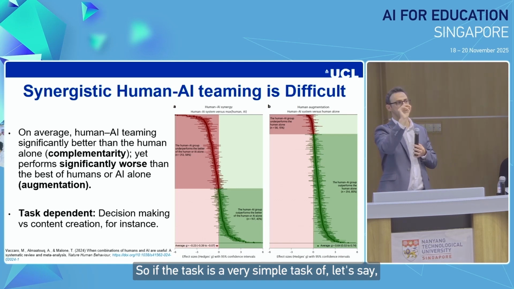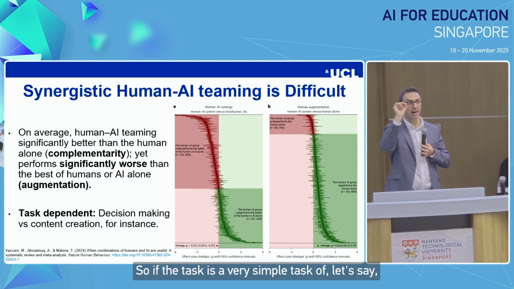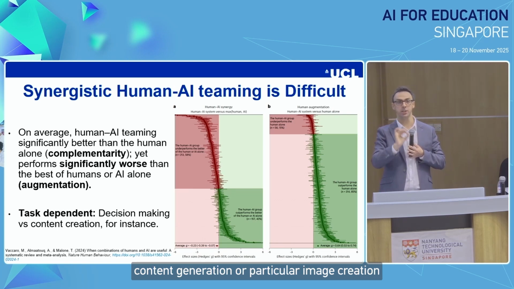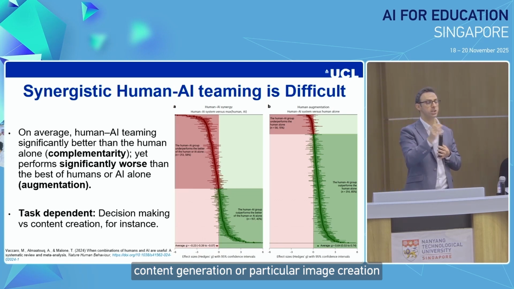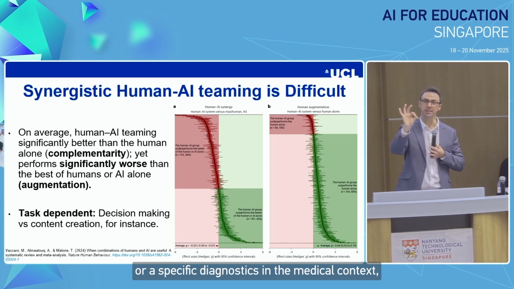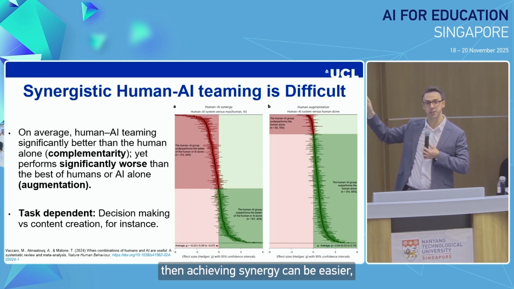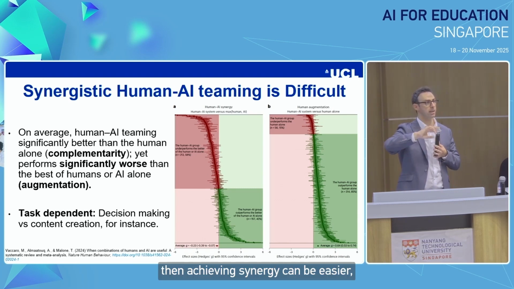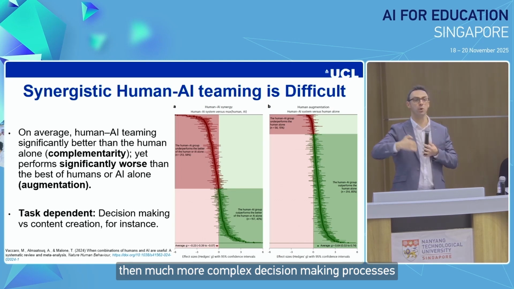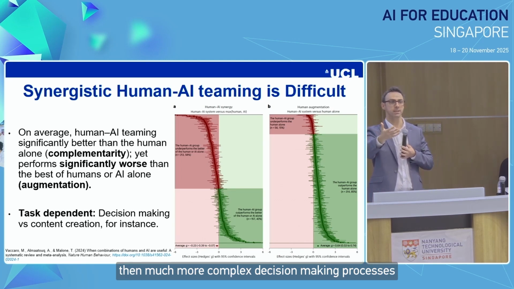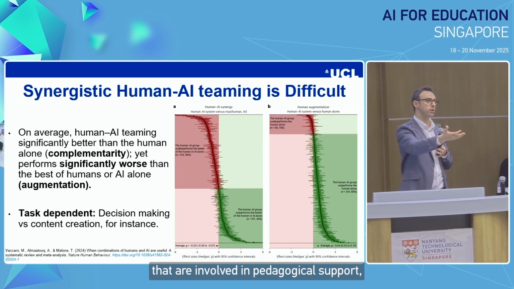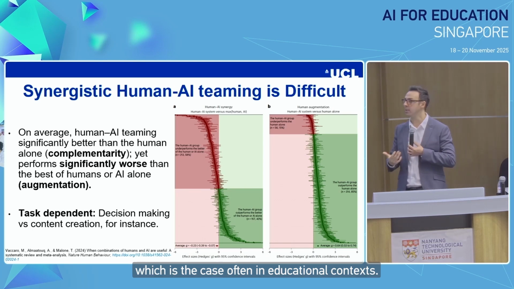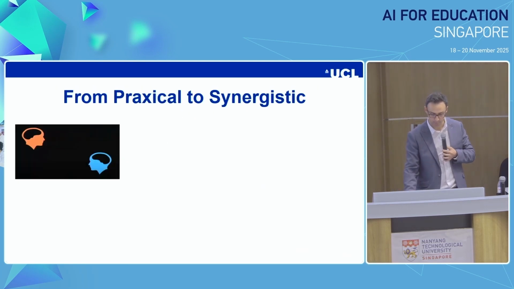So if the task is a very simple task of, let's say, content generation or particular image creation or specific diagnostics in the medical context, then achieving synergy can be easier than in much more complex decision-making processes that are involved in pedagogical support, which is the case often in educational contexts.